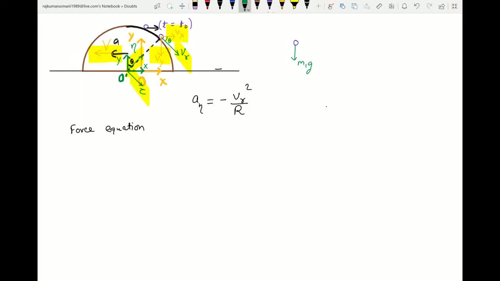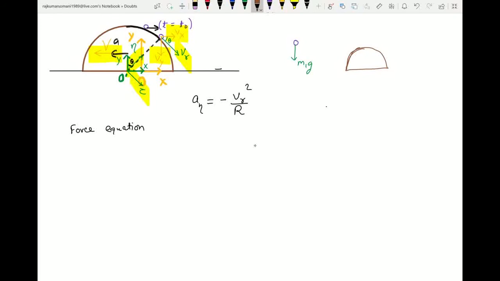Since there is no normal reaction, let us draw the free body diagram of the hemisphere at this instant to see its acceleration, because we are in the green frame of reference. If there is any acceleration, we have to consider the inertia force on the particle also.